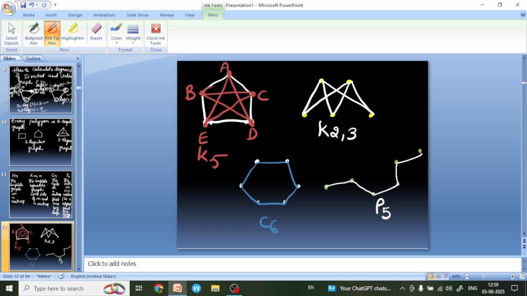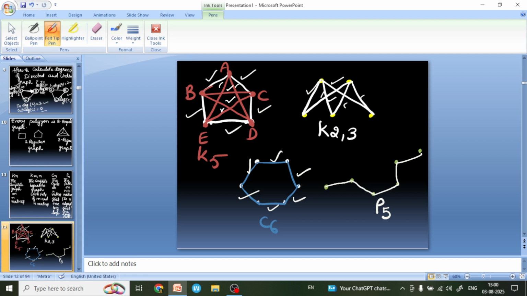How many edges are drawn? 5. Here in total 5 edges: 1, 2, 3, 4, 5.